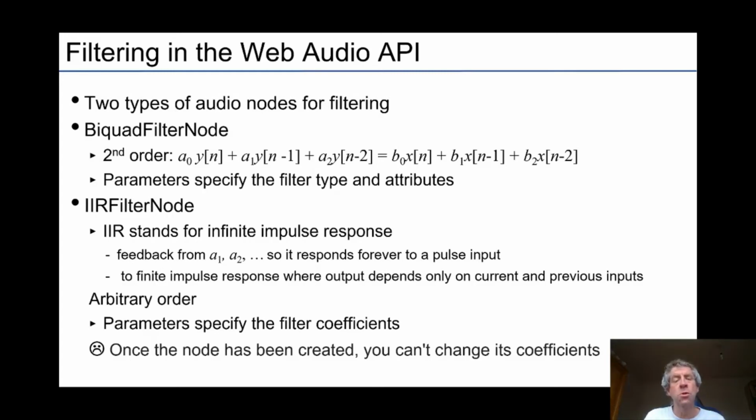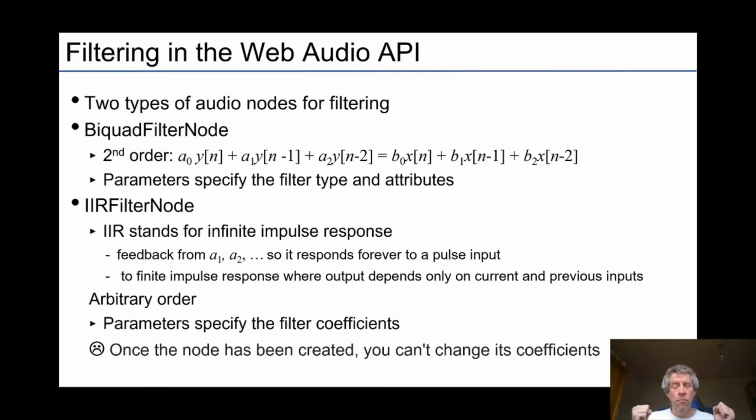That's opposed to a finite impulse response filter, where those A values are all 0, so the current output depends only on previous inputs, which means that once you've finished going through those previous inputs, there is no more output. The output will be 0 if there's nothing in the input.